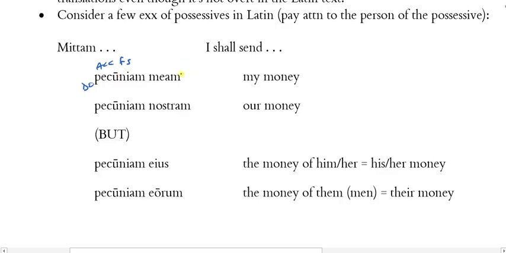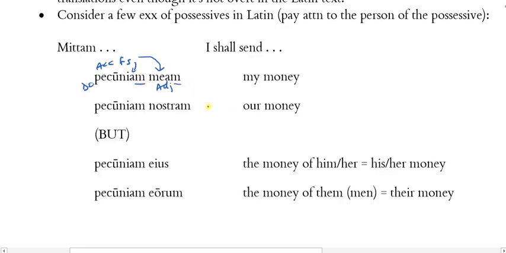Now here is my possessive adjective. Adjectives always agree with their nouns in case, gender, number when they're attributive adjectives. So this is telling you whose money I will send. I will send my money, pecuniam meam. Notice that just as pecuniam has accusative feminine singular form, meam has to match that accusative feminine singular form.